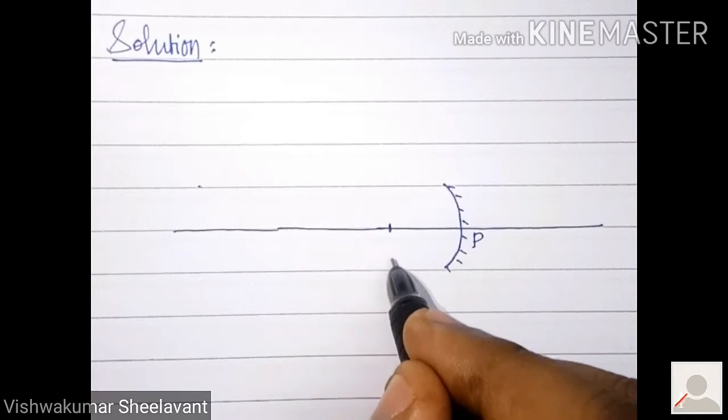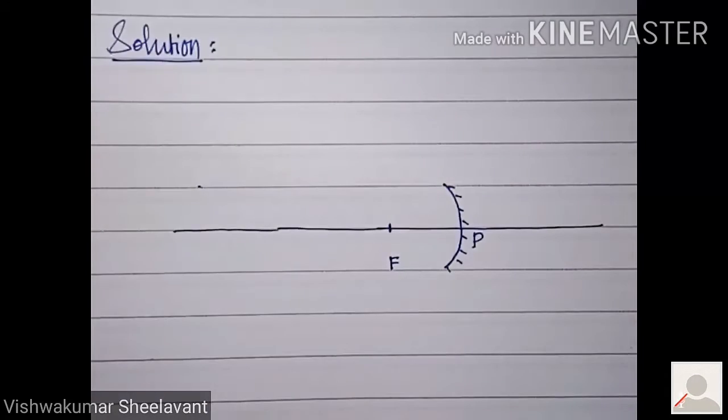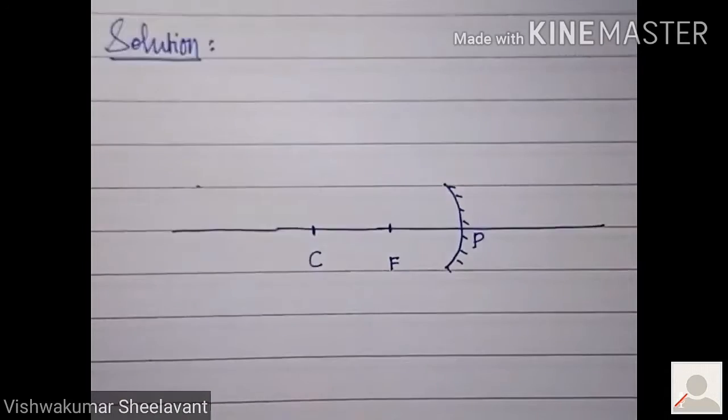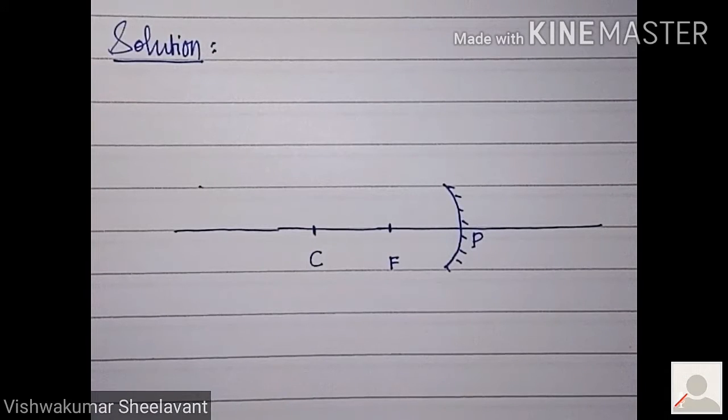Let us show F here and C here, center of curvature. An object of 4 centimeter in size is placed at 25 centimeter in front of a concave mirror of focal length 15 centimeter.